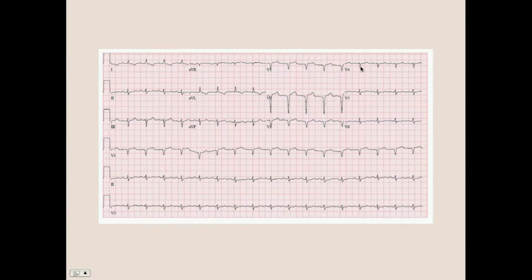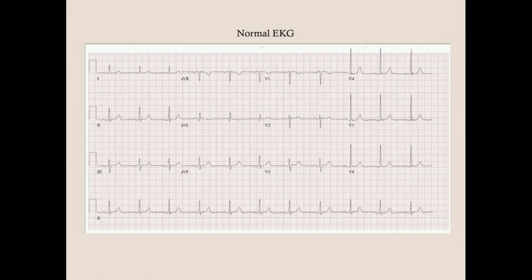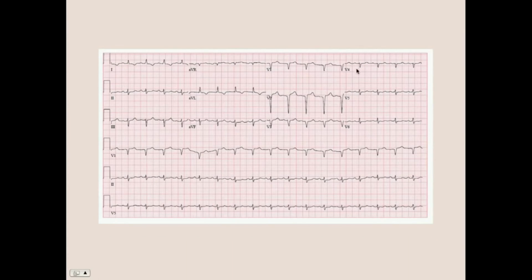Really here, V4, V5, V6. Let's say this was a normal EKG, here you got 4 big boxes. Here you hardly have one little box or one big box. So this is definitely decreased QRS voltage. Now obviously you're not going to get an EKG on the USMLE and be asked, what does this patient have?